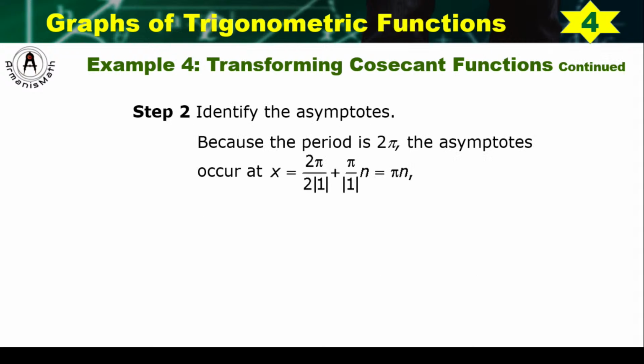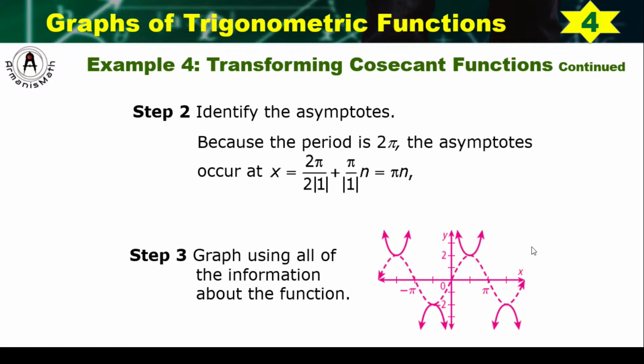So almost like the parent, the asymptotes here are going to be at every pi n. And the graph for this guy would be almost like the parent, with one exception: the height, I should say, the starting point is going to be 2 instead of 1 with the regular cosecant.